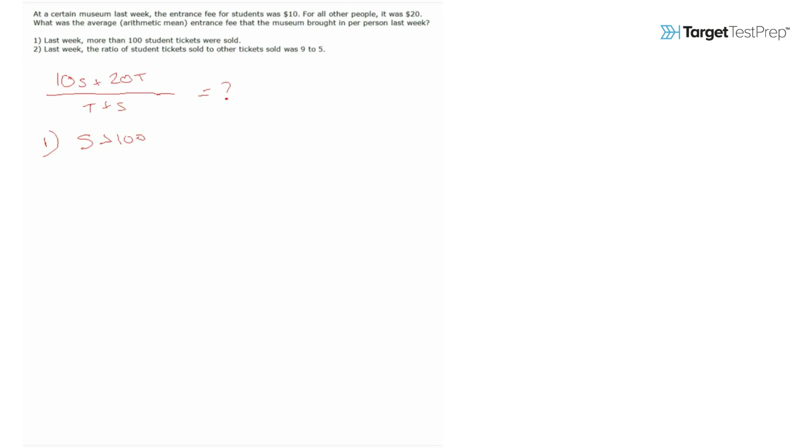But when you go to statement 2, based on everything that I just taught everyone, if you set up this ratio, student tickets to other is 9 to 5, or 5S is 9T, or S is 9T over 5, we see that we can successfully plug this in here, and ultimately all of our values will have a T in them, the variables will drop, and we will get a weighted average.